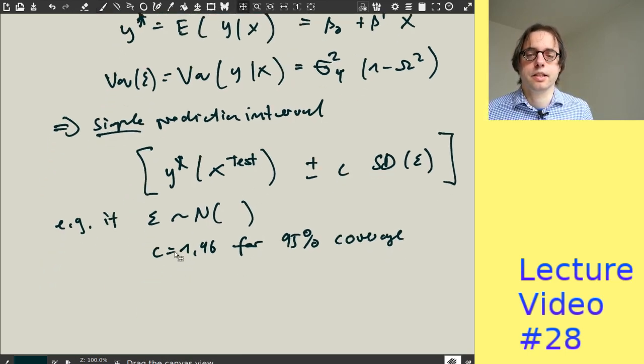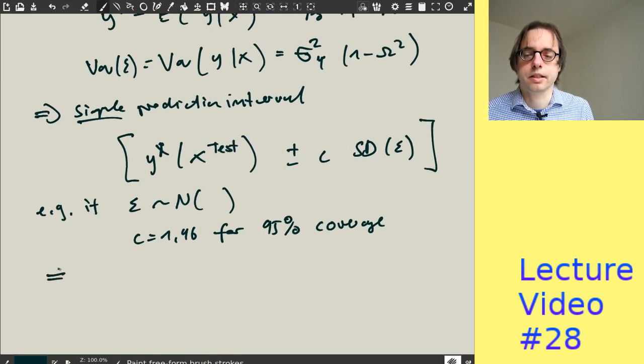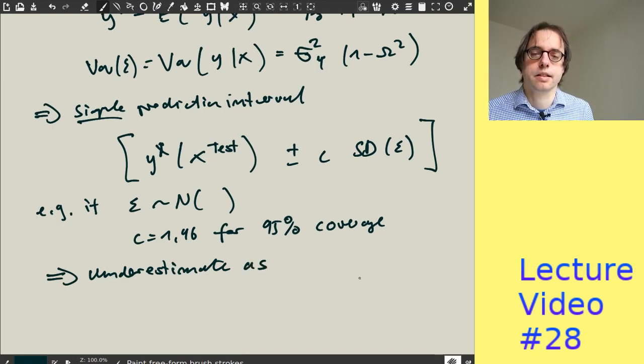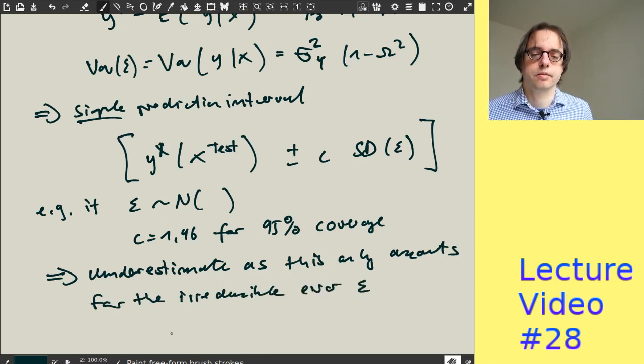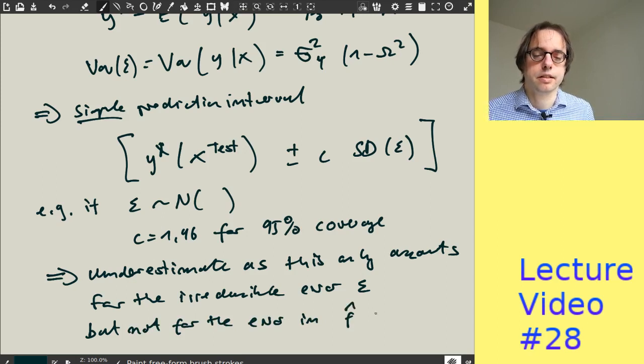So this prediction will be an underestimate, as this only accounts for the irreducible error epsilon, but not for the error in f hat, that is the error of the regression coefficients beta naught or beta.